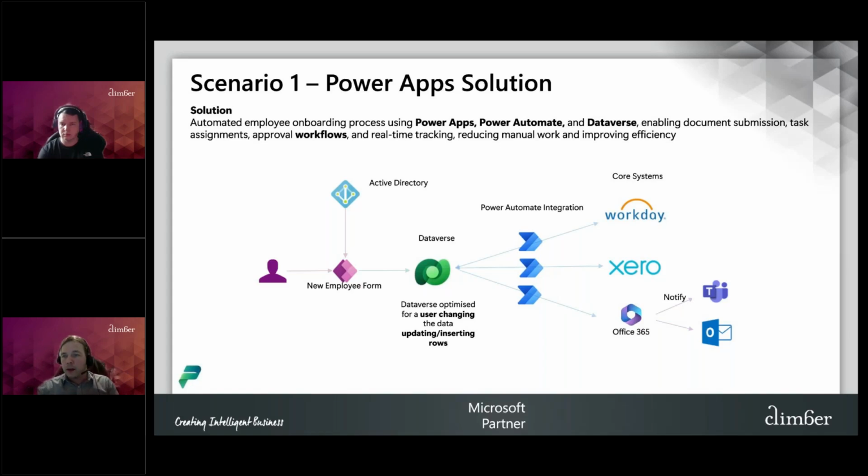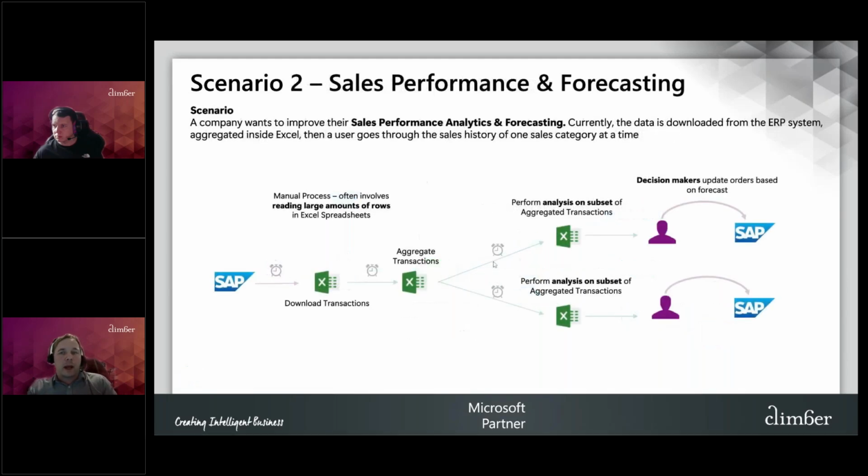So a really good way of digitizing a manual process, but it's normally when users are interacting with the data that we would need a Power Apps solution, so a Power Platform solution. The second scenario that we've got is sales performance and forecasting.